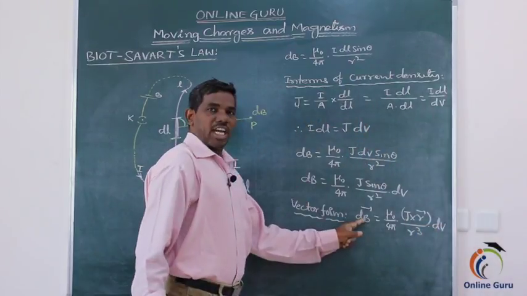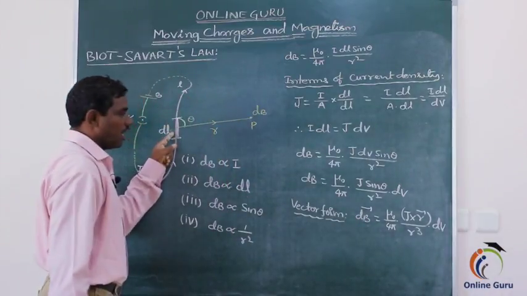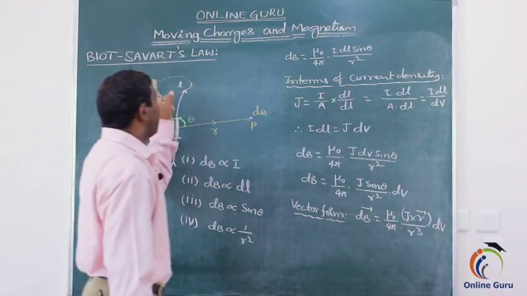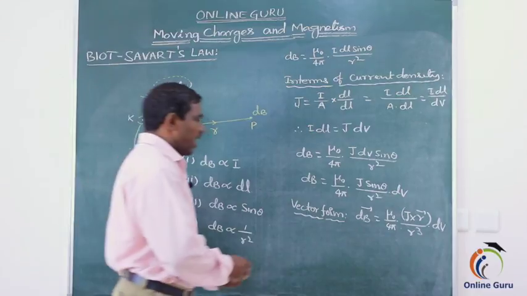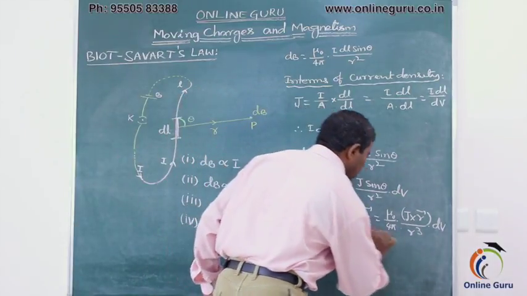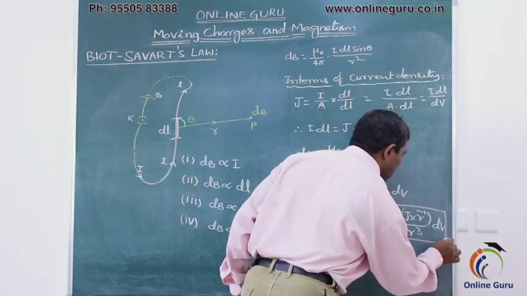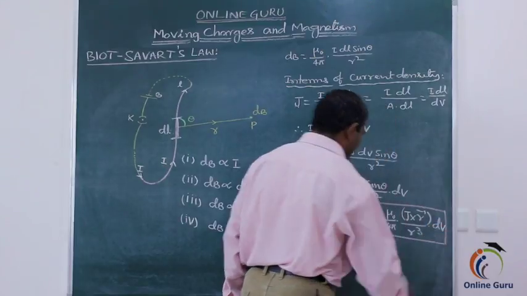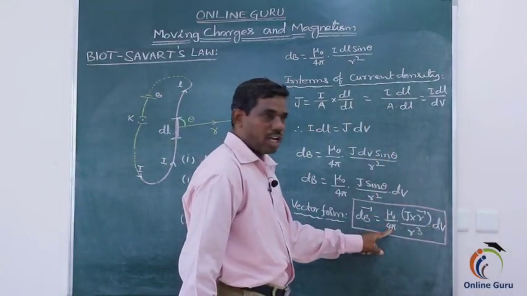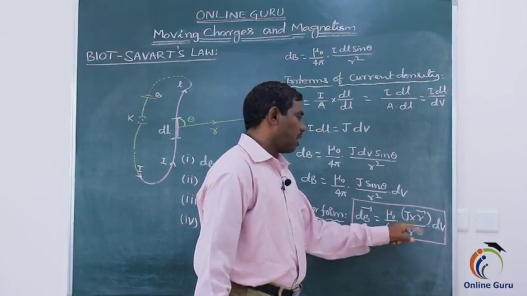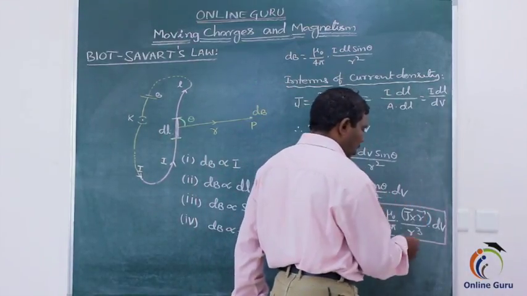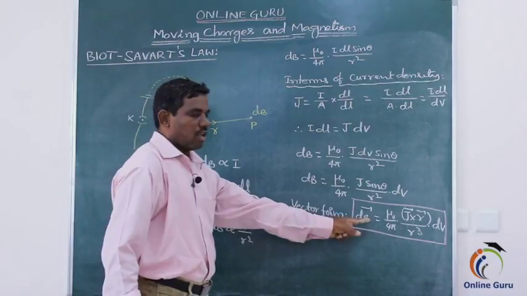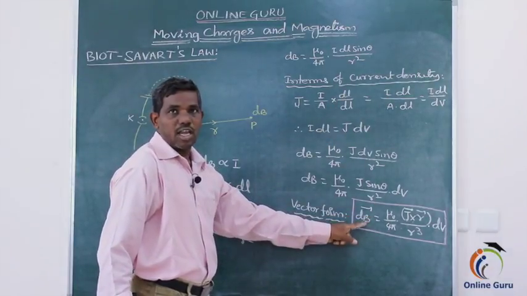This is the magnetic induction due to the current element dl in terms of current density J by Biot-Savart's law. This is the vector form of Biot-Savart's law in terms of current density.